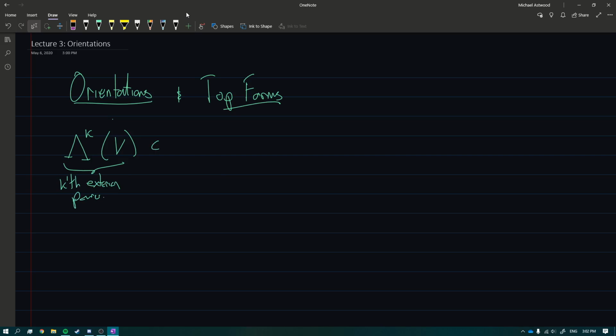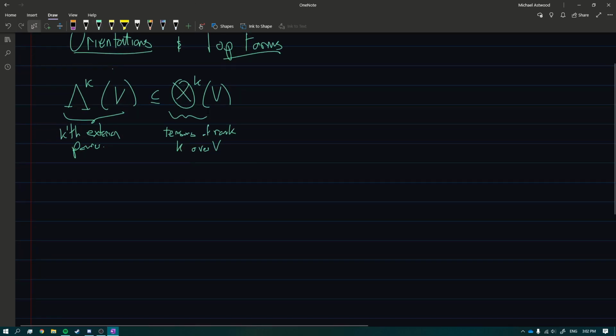It's a subset of the tensor algebra over V, so tensors of rank k over V. I'm going to use this now to construct something useful, because up until now you haven't seen any applications of this construction. So let's talk about orientations.